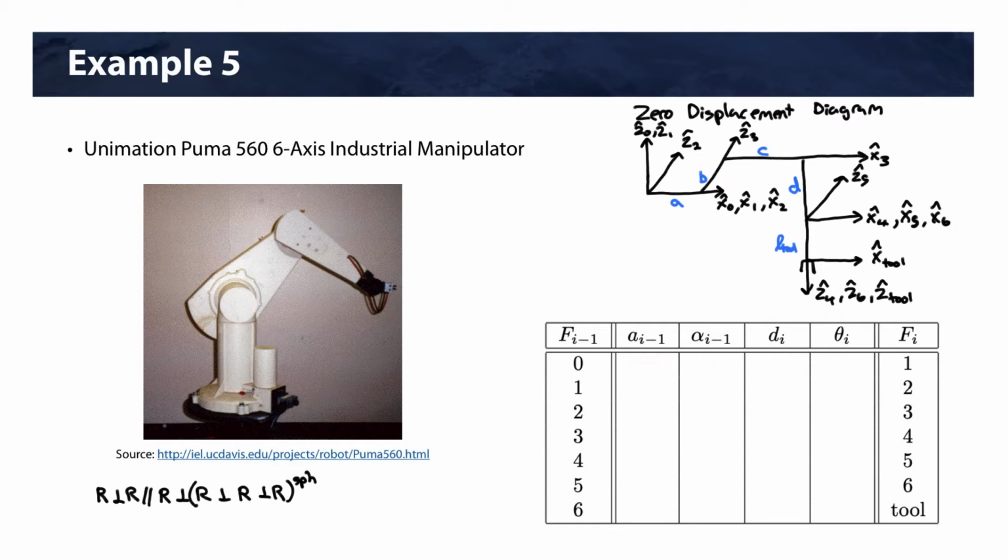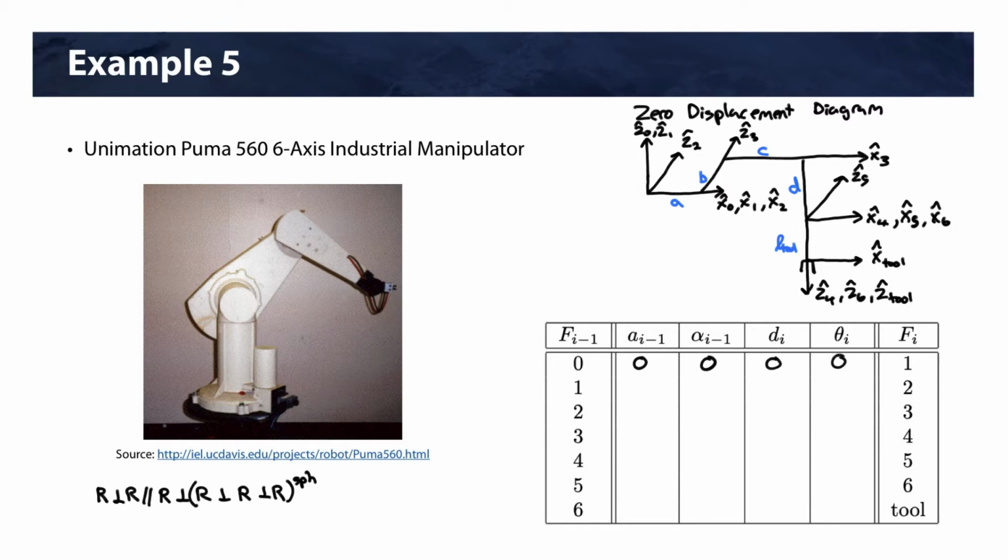Again, we're going to go from frame 0 to 1, and then once we're at 1, we're going to go to 2, and so on up till the tool frame. So let's start. We're at frame 0, and we want to go to frame 1. There is no distance between Z's, so that's 0. There's no angle between Z's, so that's 0. There's no distance between X's, so that's 0.